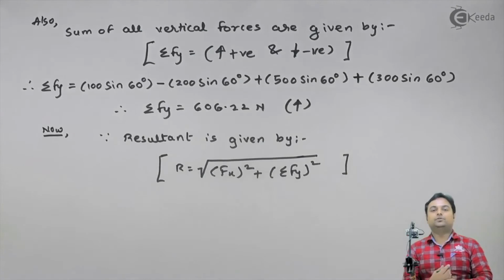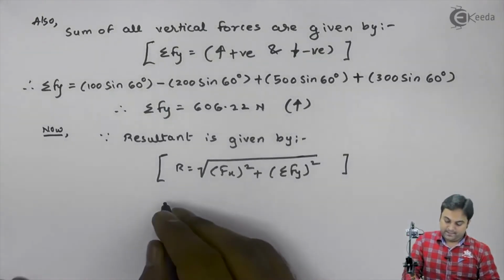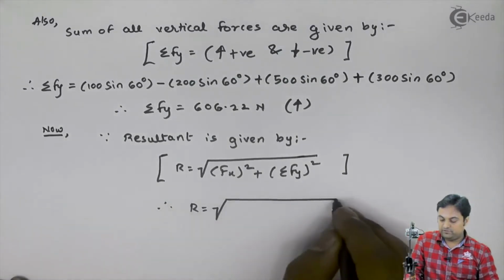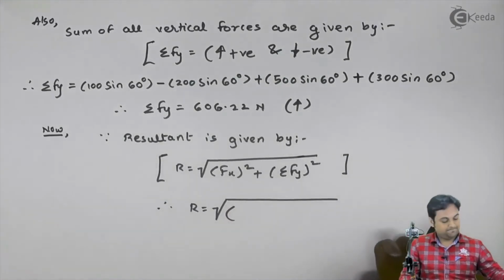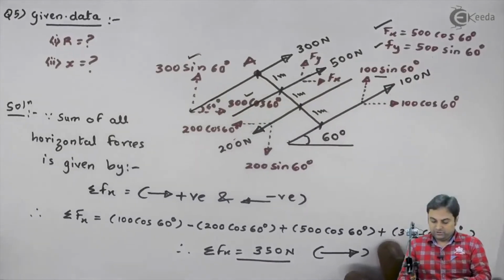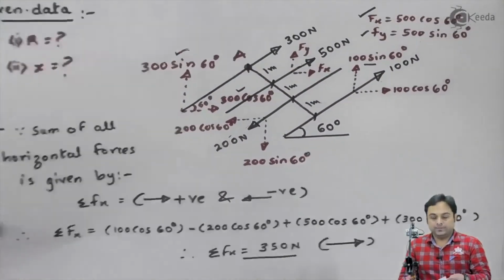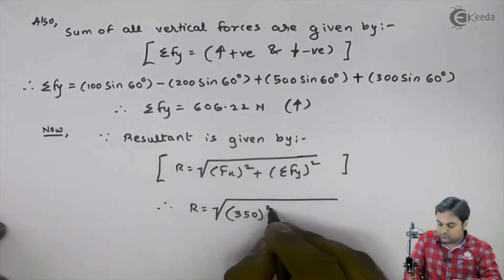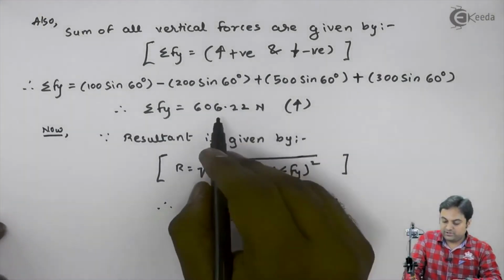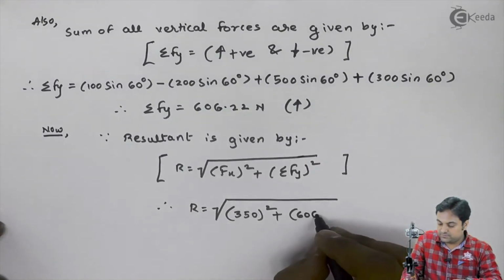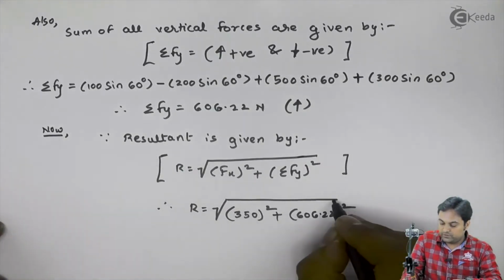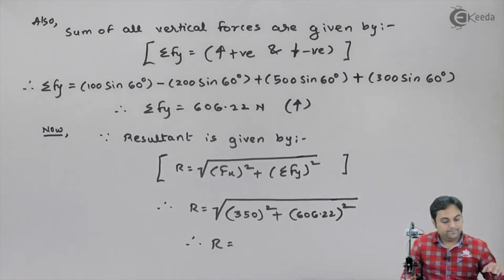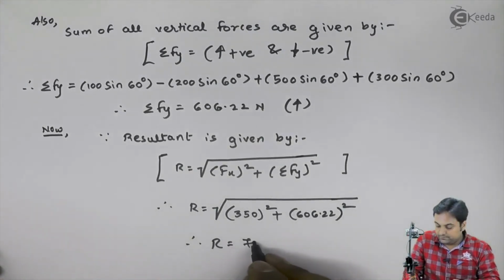We have this formula to calculate the resultant, and therefore capital R is equal to square root of summation fx, my answer was 350 Newton, 350 square plus summation fy 606.22 whole square. Here if I calculate my value of resultant, that will be 700 Newton.